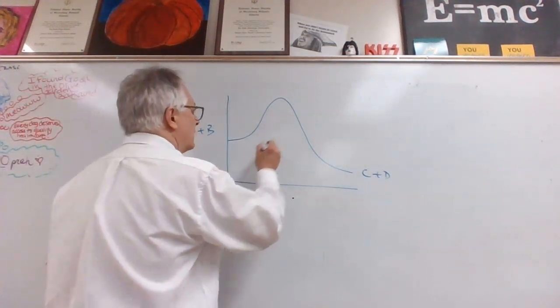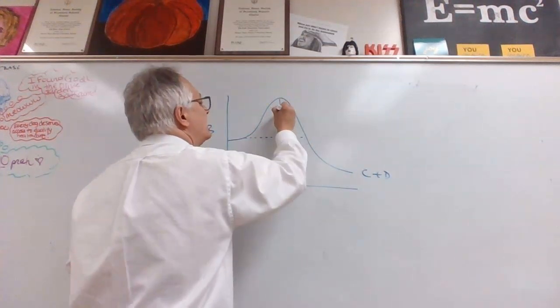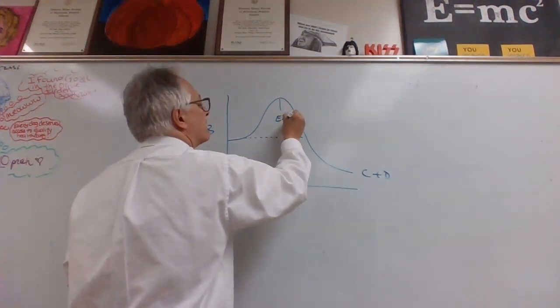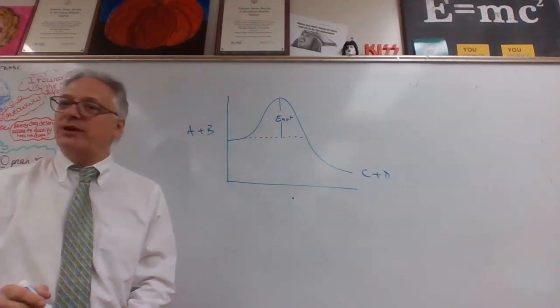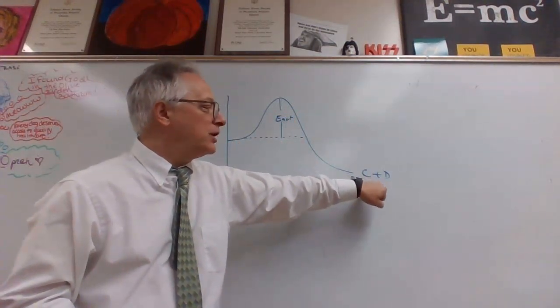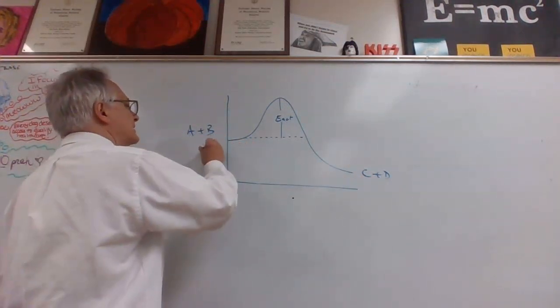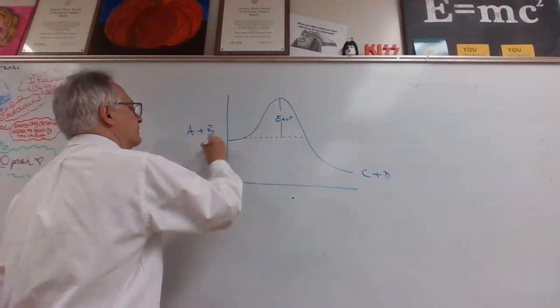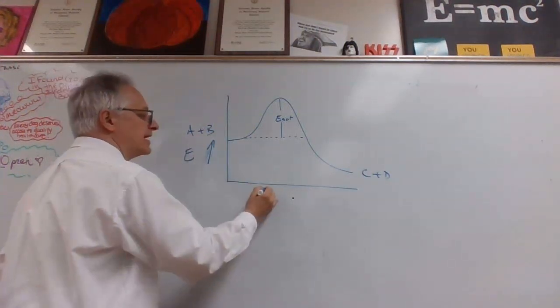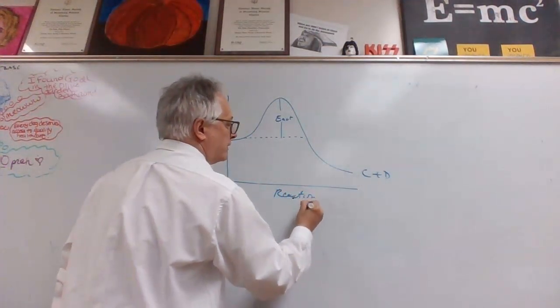But you might want to say, well, what is this activation energy? How do we get that activation energy? And what does it mean if my energy at the end is lower than the energy when I start? Remember, this axis here is energy. And this axis here is what we call reaction progress.